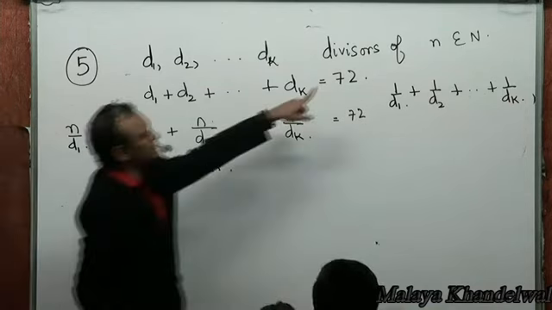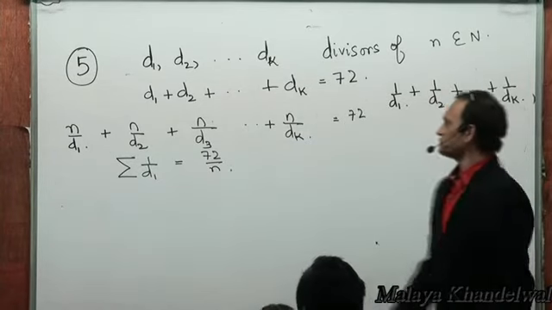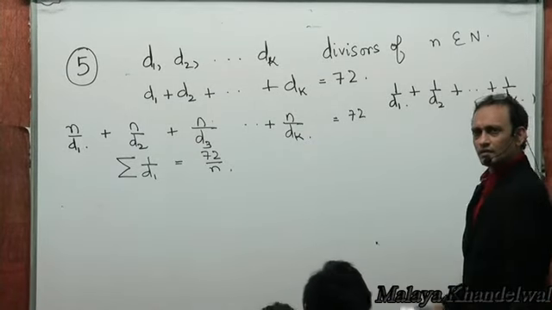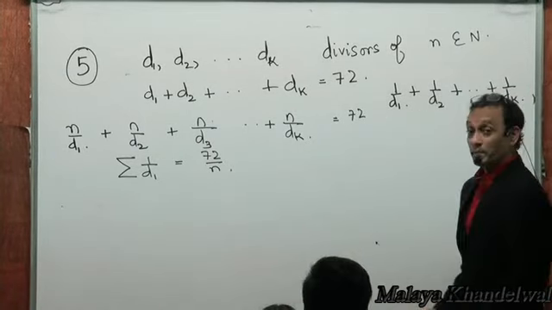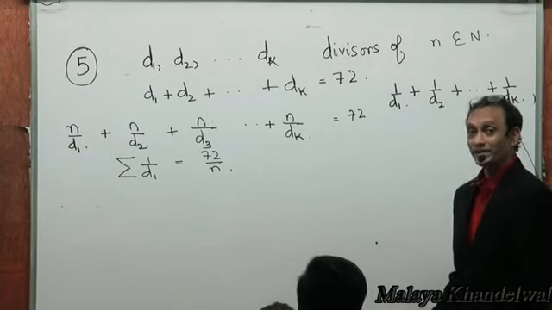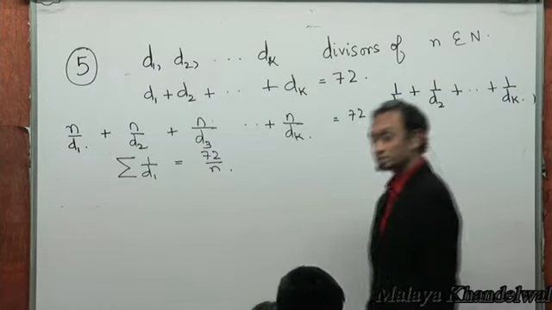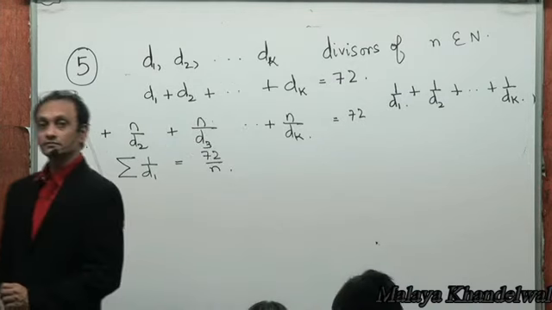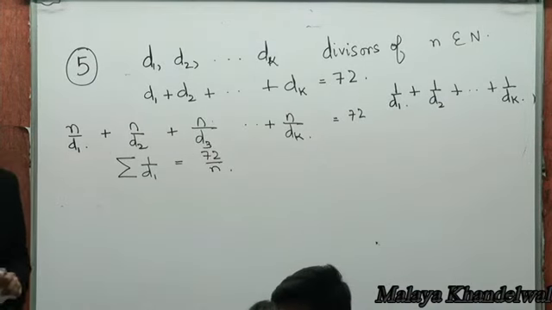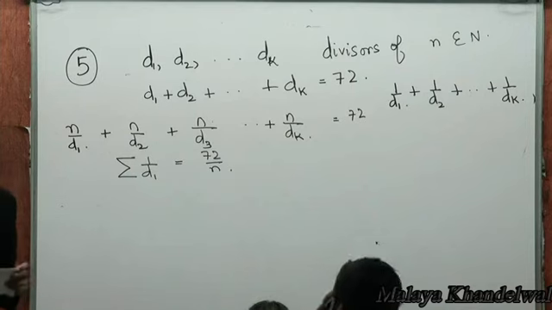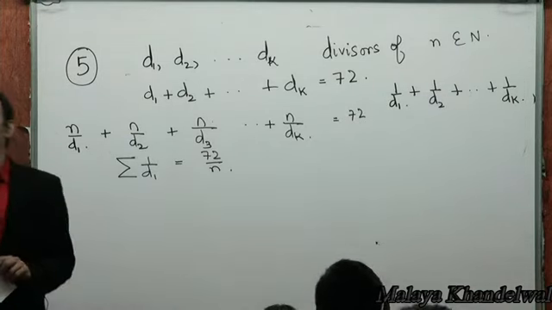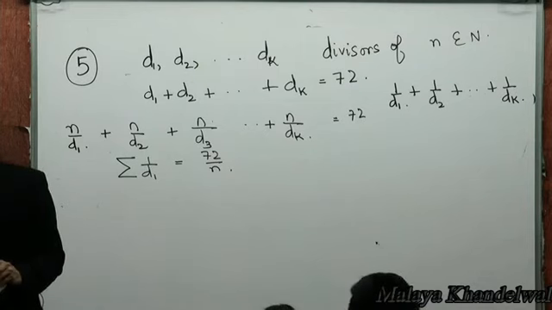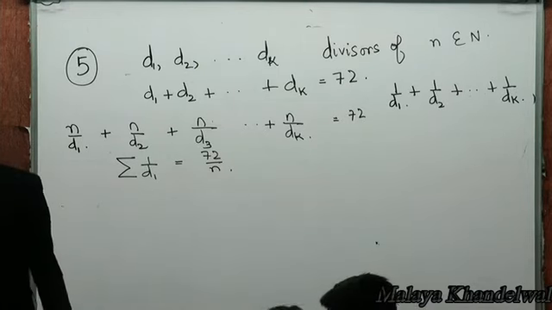No, but that's given. Some number n. So it depends on n then, right? How can it be? Will the sum of the divisors be unique for every n?